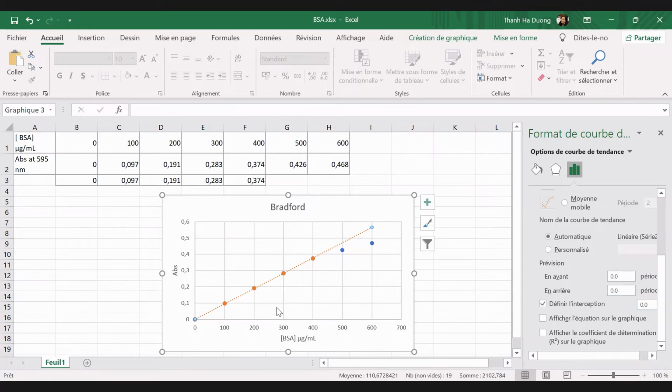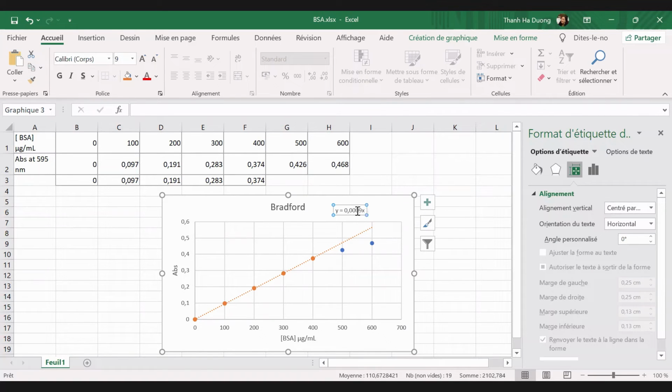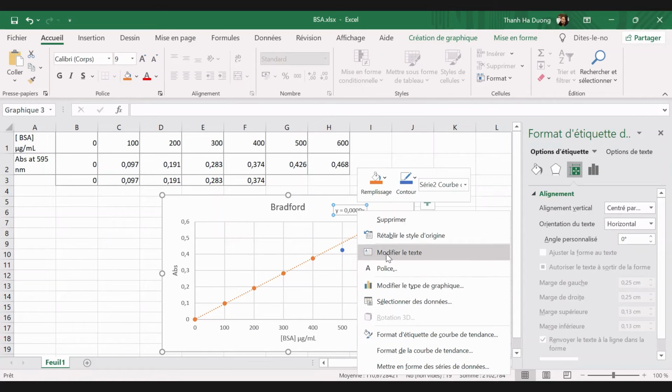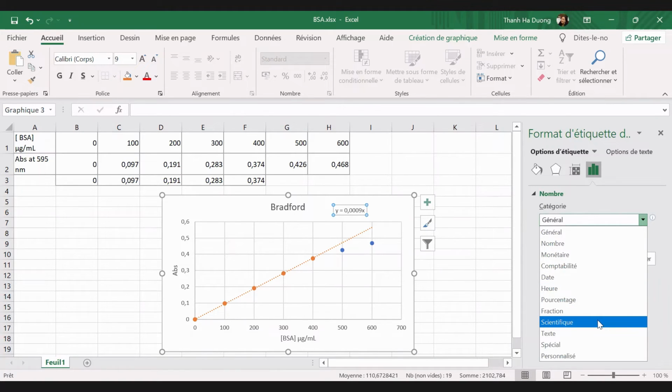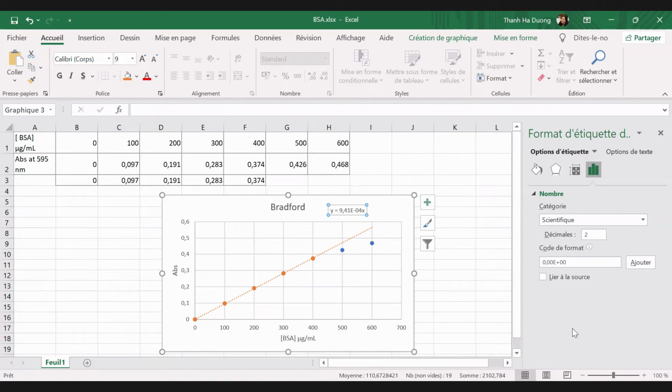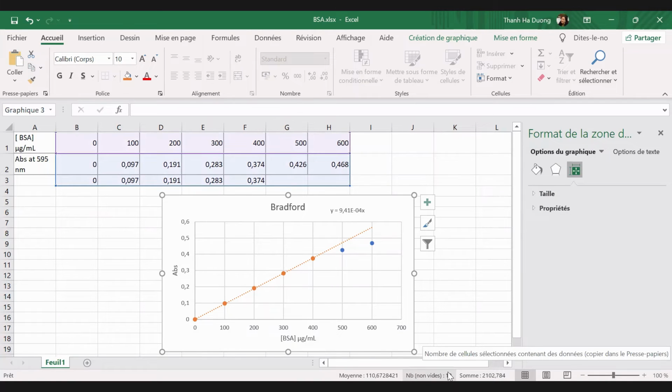It means I force Excel to plot the line through the point 0,0. So I will have this, but I would change the font and get the scientific notation. I'm sorry, by Zoom it's very difficult to show you.